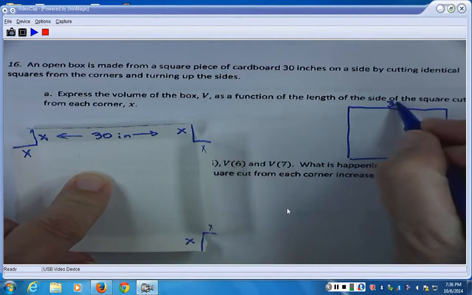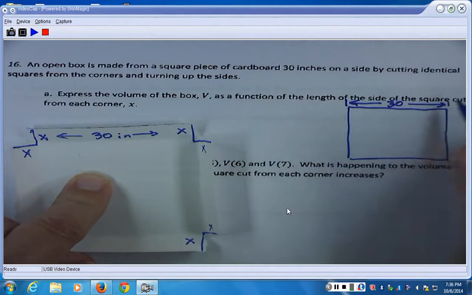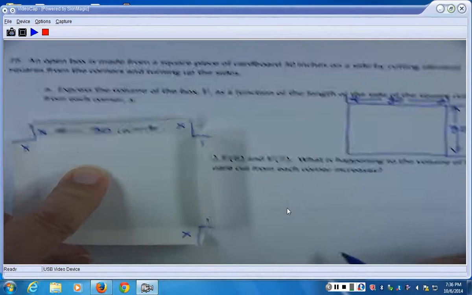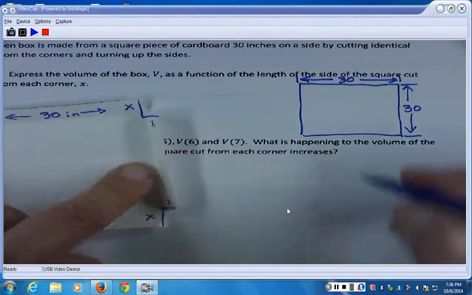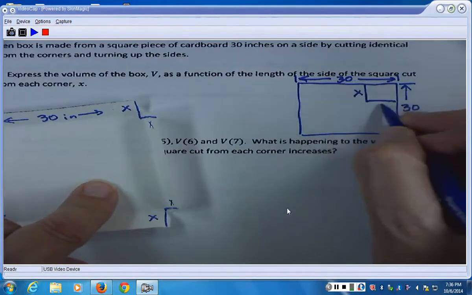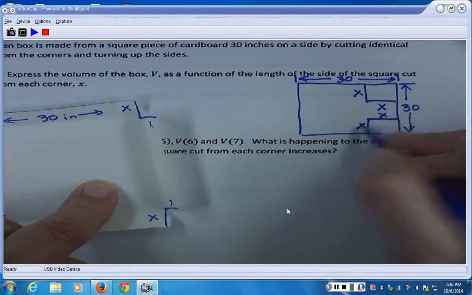This is 30. This is 30 because it's a square. And then I'm going to cut some amount X out and fold things up.